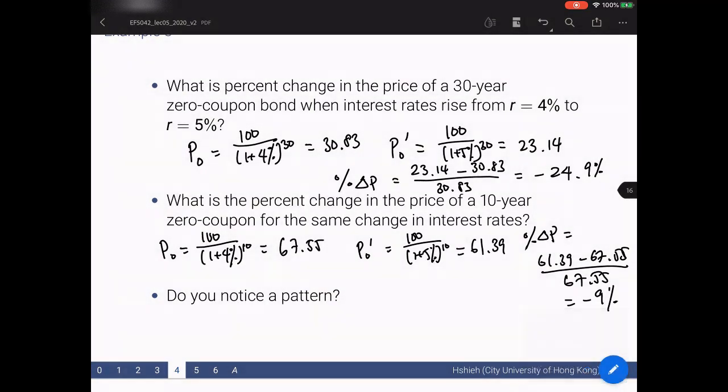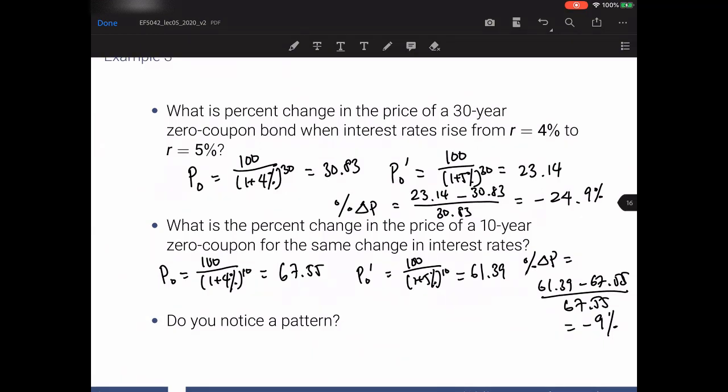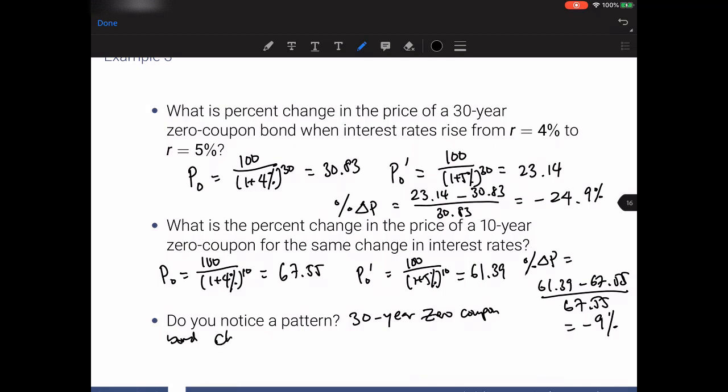So let me summarize briefly with text. The pattern here is that the 30-year zero coupon bond changes more. The intuition is the following.